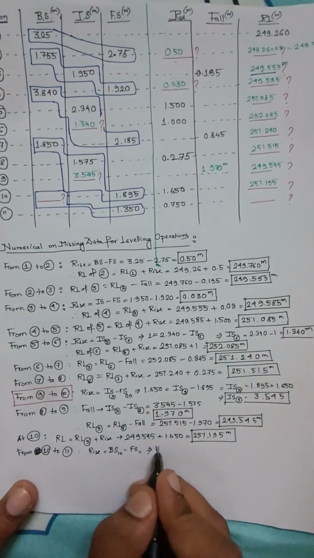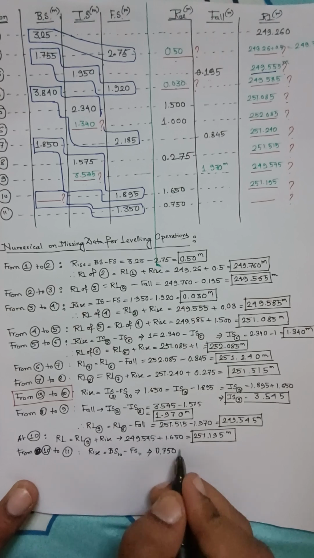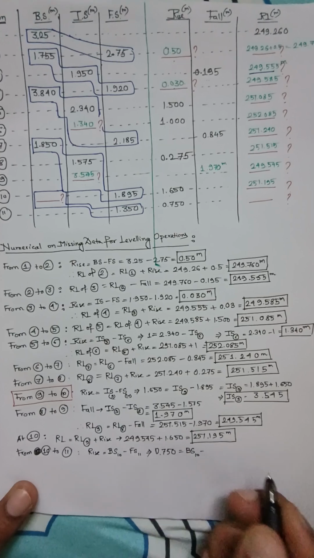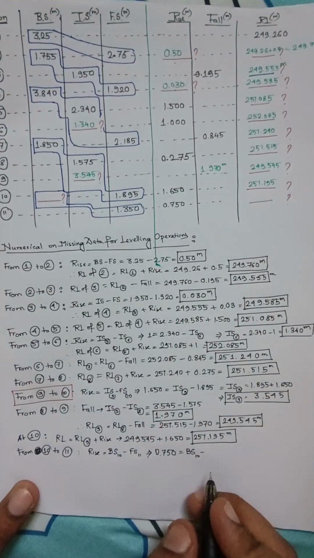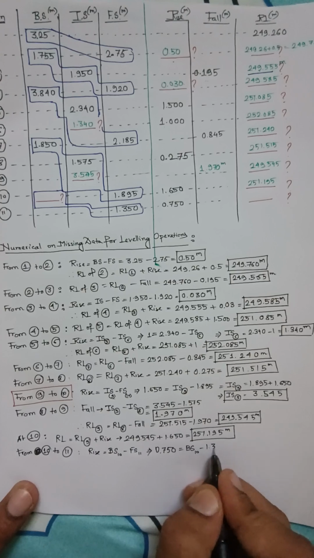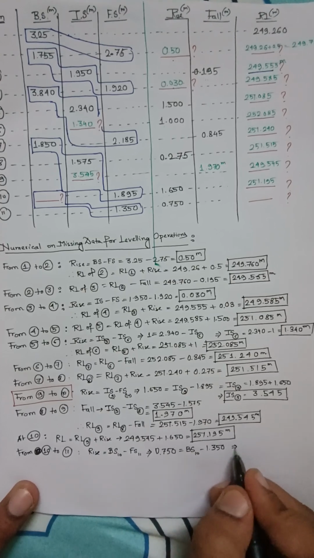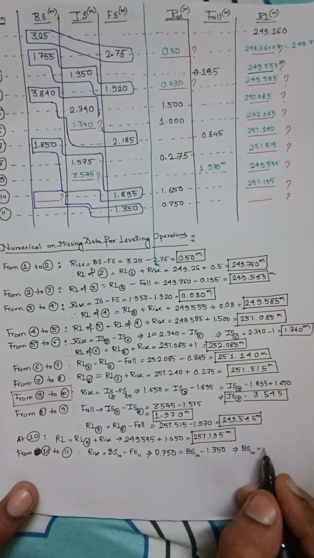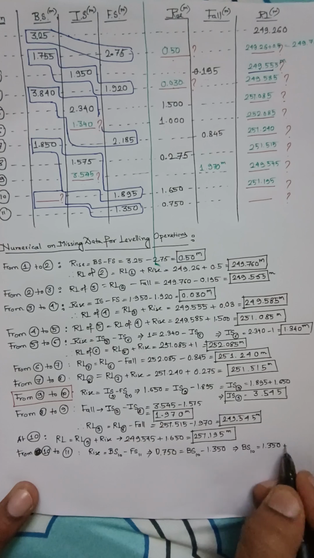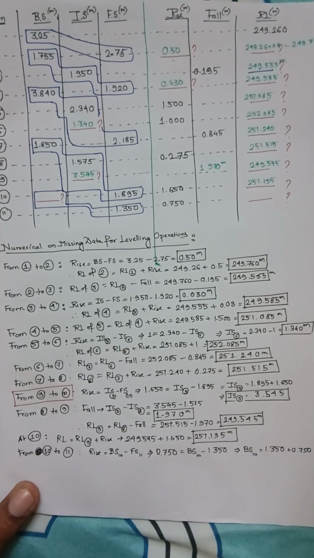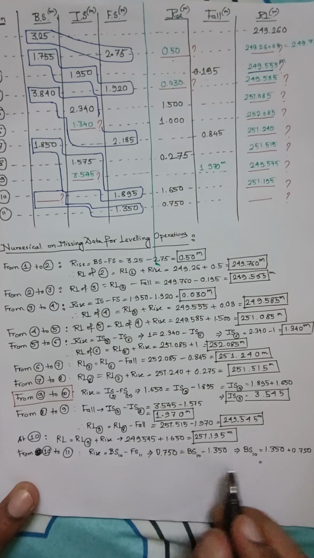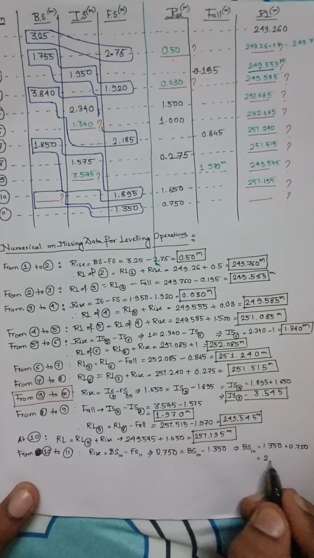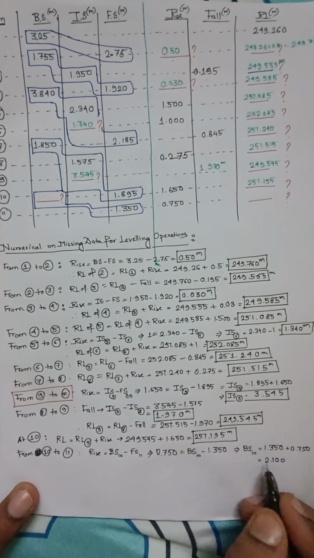Already we have the rise over here, 0.750 is equal to backside of 10, which is unknown to me, minus foreside of 11, which is 1.350, or backside of 10 will be this plus this, 1.350 plus 0.750, which gives us 5 plus 5 is 10, 3 plus 7 is 11, 2.100.